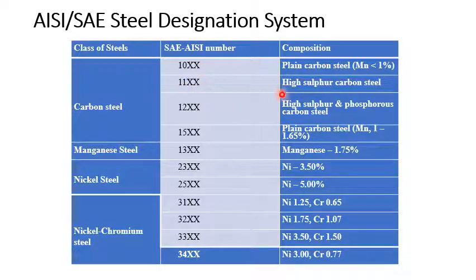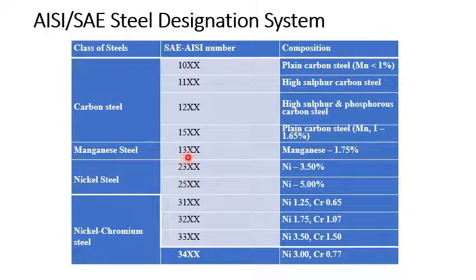1 means it's a high sulfur carbon steel. So we have a carbon steel, where the second digit 1 indicates sulfur, the second digit 2 indicates sulfur and phosphorus, and the second digit 5 indicates a plain carbon steel with 1.65% manganese.